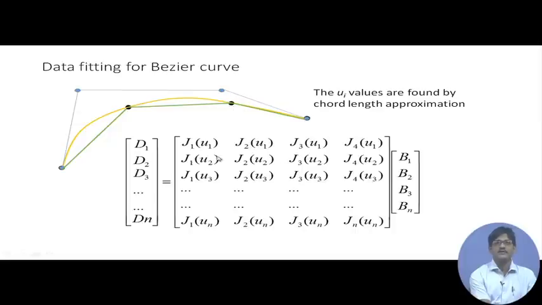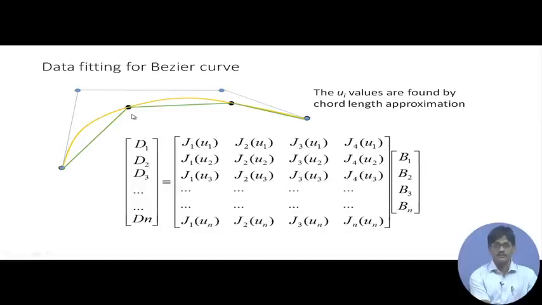In that case, we can frame a matrix representation of the conditions this way: these are the data points in x, y and z. Each letter here, d1, d2 and so on, represents x1, y1, z1 or x2, y2, z2, like that. And each of these terms is a Bernstein polynomial corresponding to a particular value of the parameter.